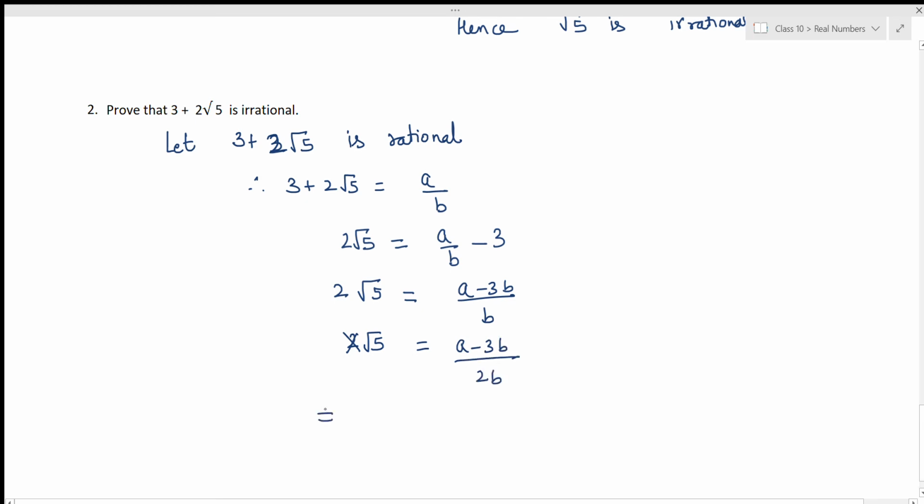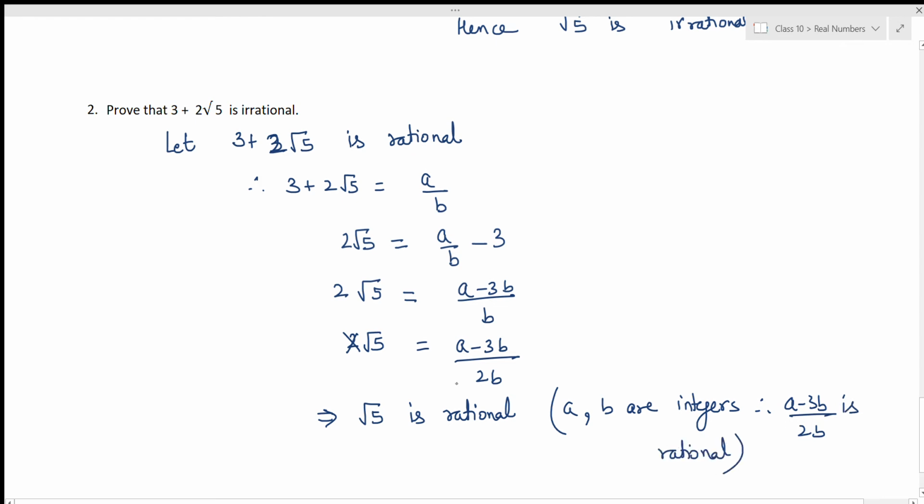Now this shows that root 5 is rational. Why does this show that root 5 is rational? As a, b are integers, therefore a minus 3b by 2b is rational. If this is rational, what it equals is also rational.